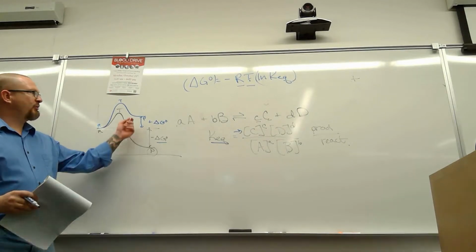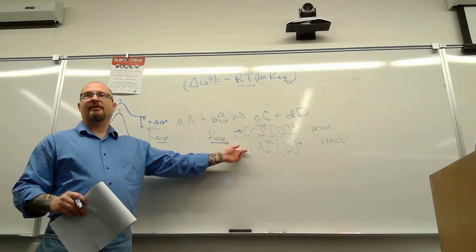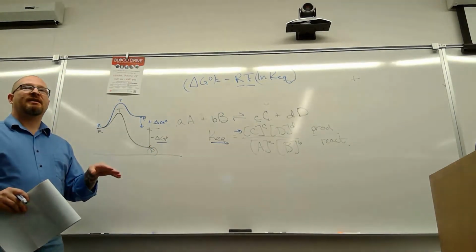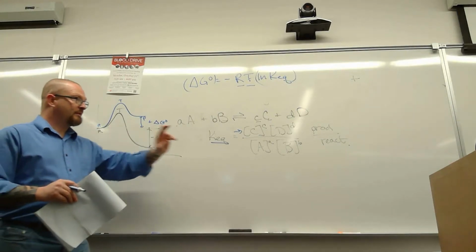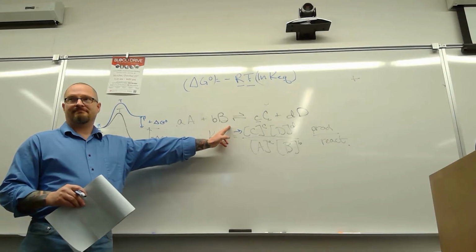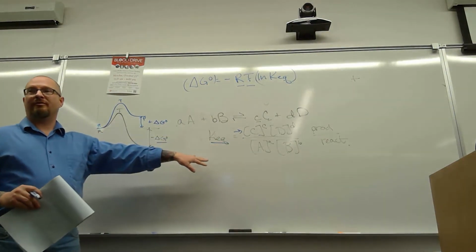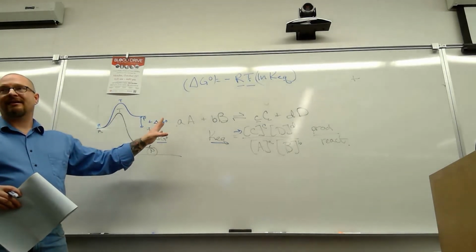If it's non-favorable, it's going to bias towards reactants. But something being not spontaneous doesn't mean that we aren't getting some product formed. There's still an equilibrium system that's established. It's just that it's favoring the reactant side of the equation.